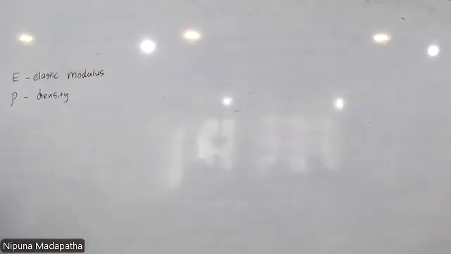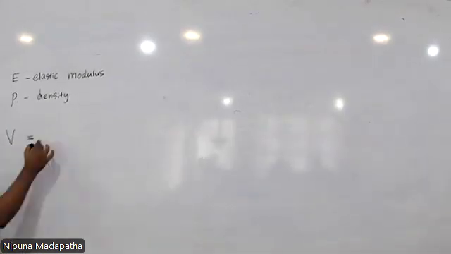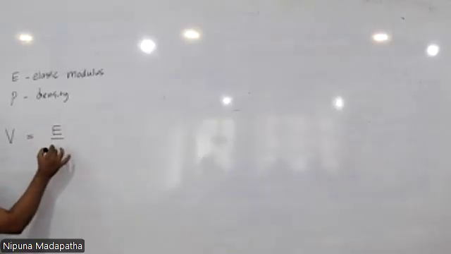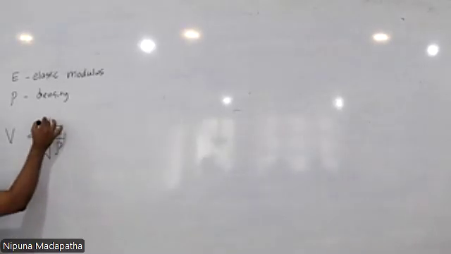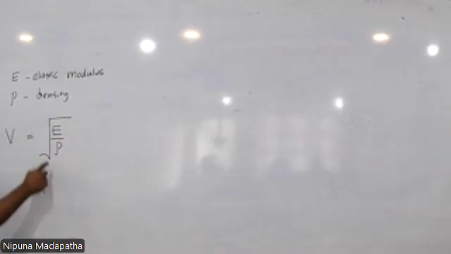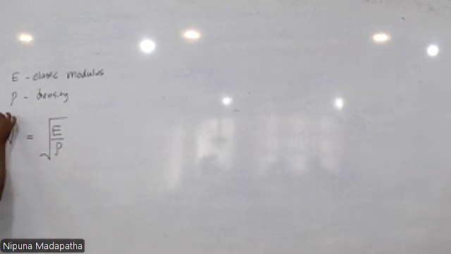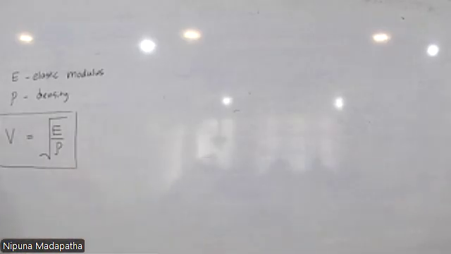The speed of a longitudinal wave in any medium is given by the square root of E over rho, the elastic modulus of the medium divided by the density of the medium. This is the expression for the speed of the longitudinal wave in any medium.